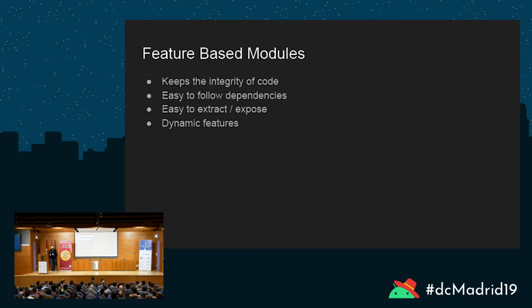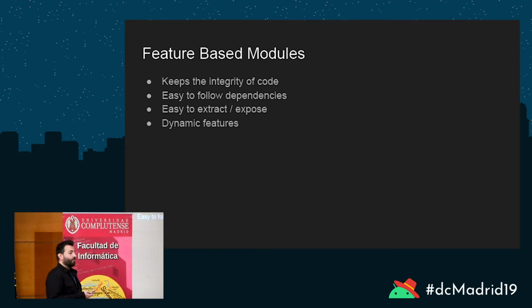OK, so why feature-based modules? First of all, they keep the integrity of the code, right? You have a feature, and here is your module for it. Feature doesn't necessarily mean a screen or a view or whatsoever. You can define the scope of the feature. It is easy to follow dependencies.